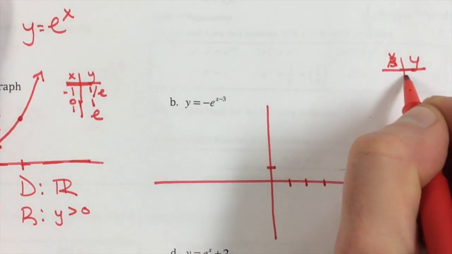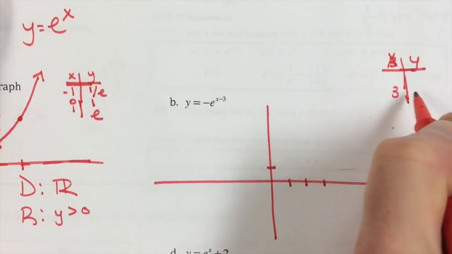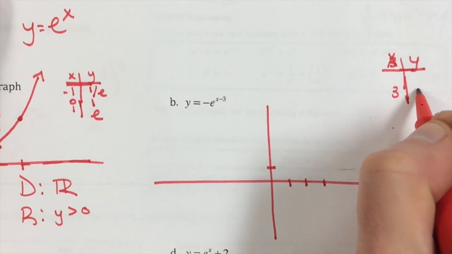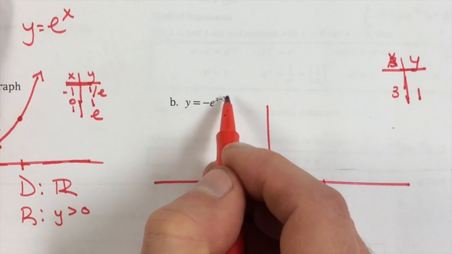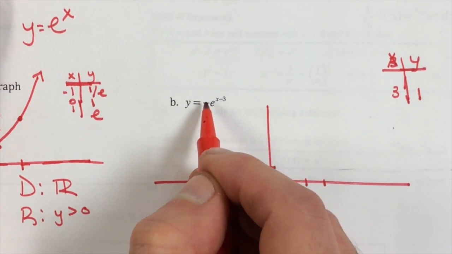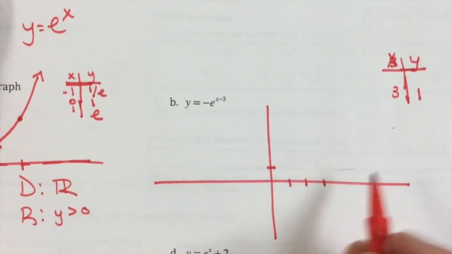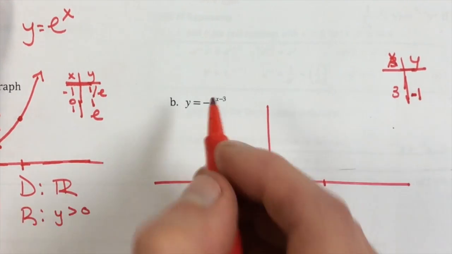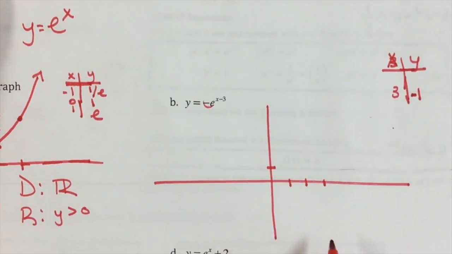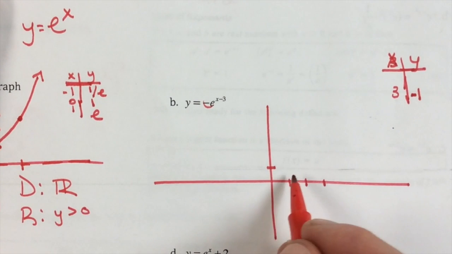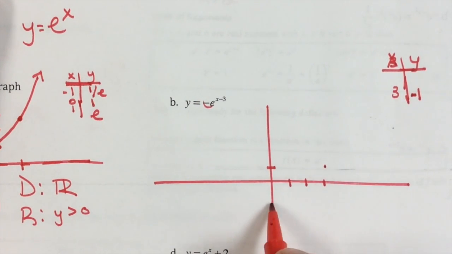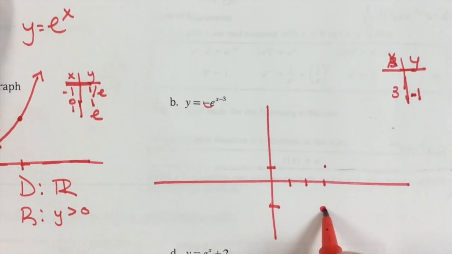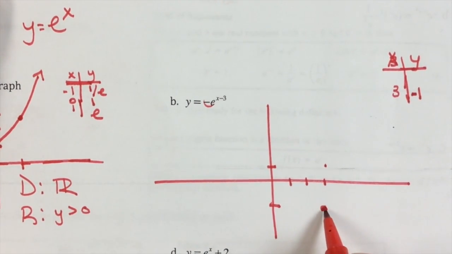If I plug in 3, I get 1 out, because 3 minus 3 is 0. So then I have e to the 0th is 1, and that makes it negative, so that's -1. That -1 out front flips it. So there's my graph. There's my first point.